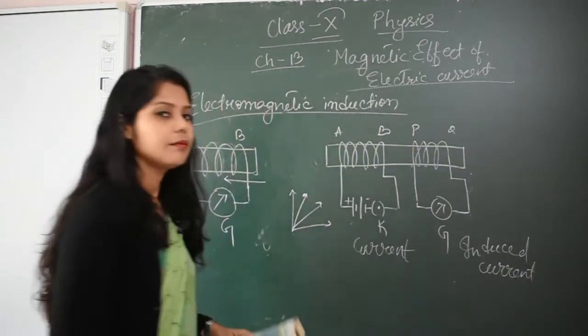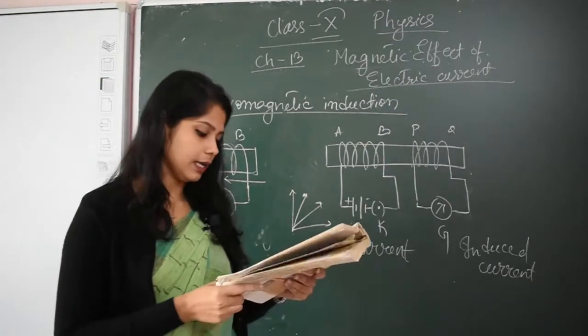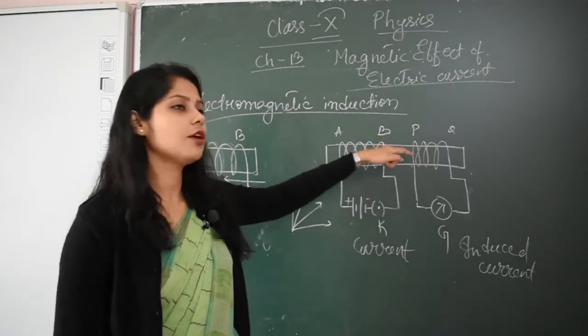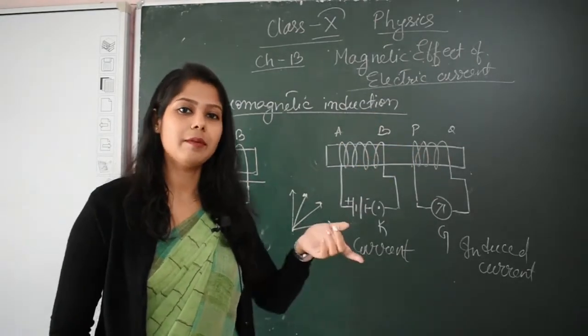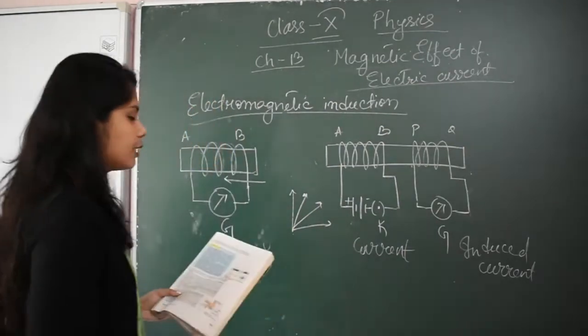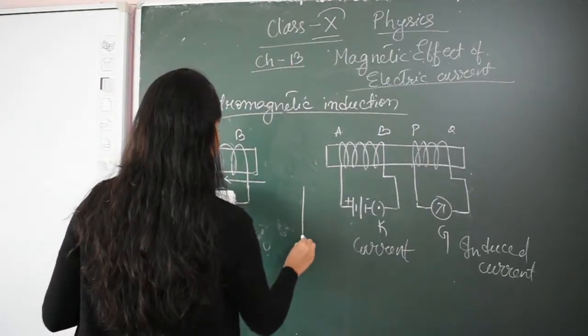And the induced current becomes higher when the direction of motion of the coil is at right angles to the magnetic field. Just like Fleming's left hand rule, here we will be using Fleming's right hand rule.